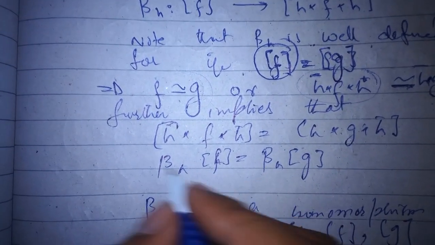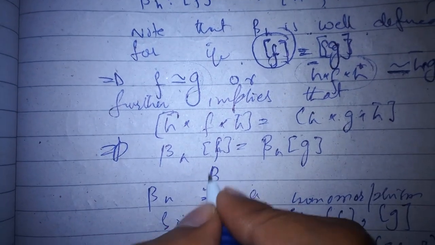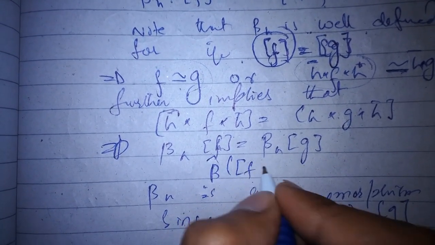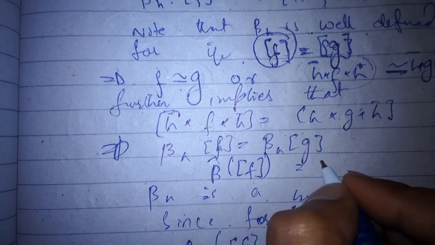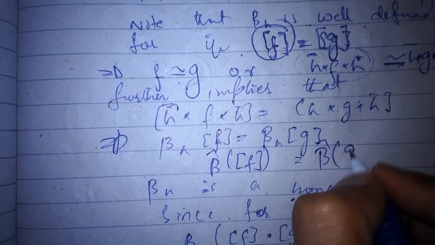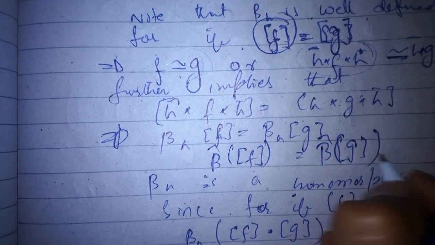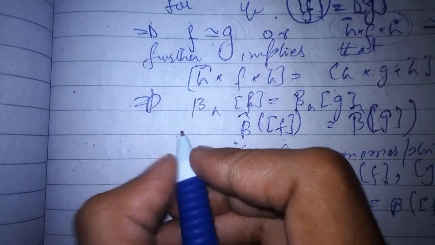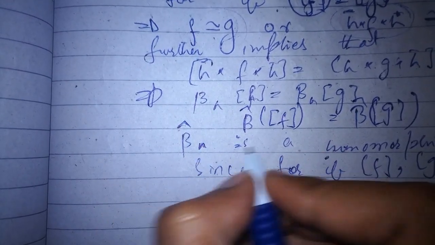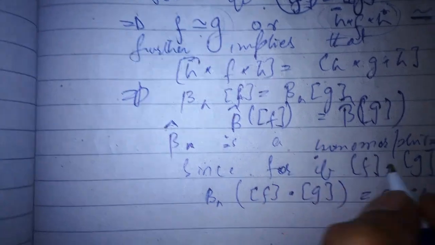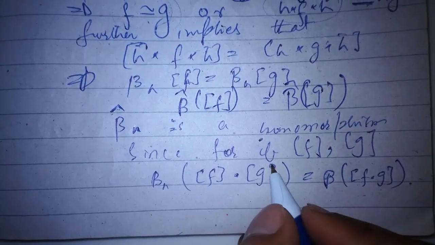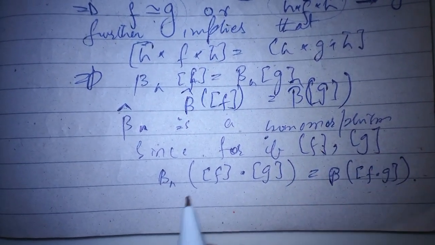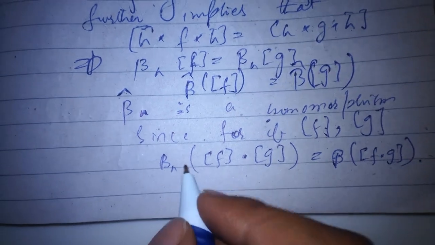So this implies that beta h of f is equal to beta h of g, because f and g are both homotopic. So we can say beta h is well defined. Now, how can we show it is a homomorphism?